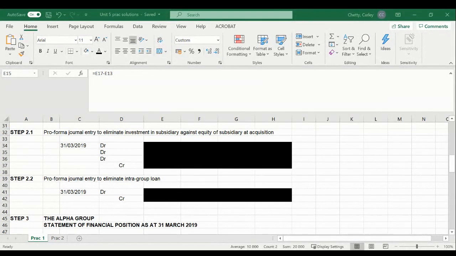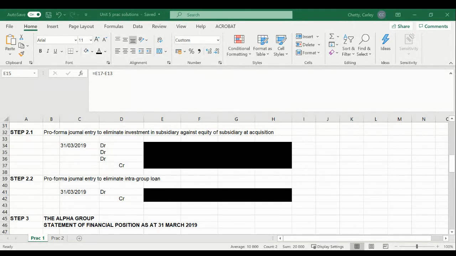Now, who can tell me what account we are going to credit? So what account are we going to credit as part of our pro forma journal entries? Okay, correct. We are going to credit the investment in Beta. And what is the amount of our credit when we process the journal entry and we credit investment? What is the amount of the journal entry?